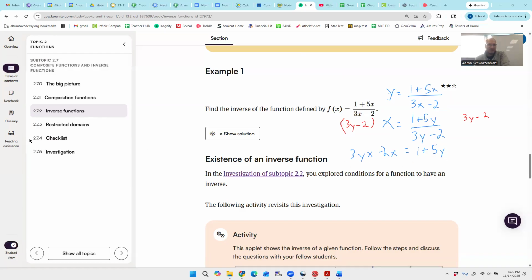I'm going to move the y's to one side and everything else that doesn't have a y to the other side, giving me... I'll then go ahead and factor out a y from the left side.